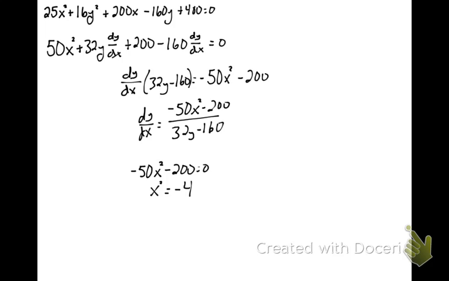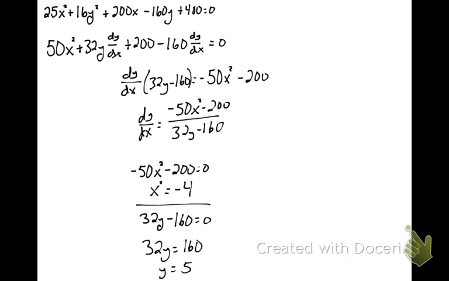And x squared cannot equal negative 4, so it will never equal 0. This will be undefined whenever 32y minus 160 equals 0. So 32y equals 160 when y equals 5.